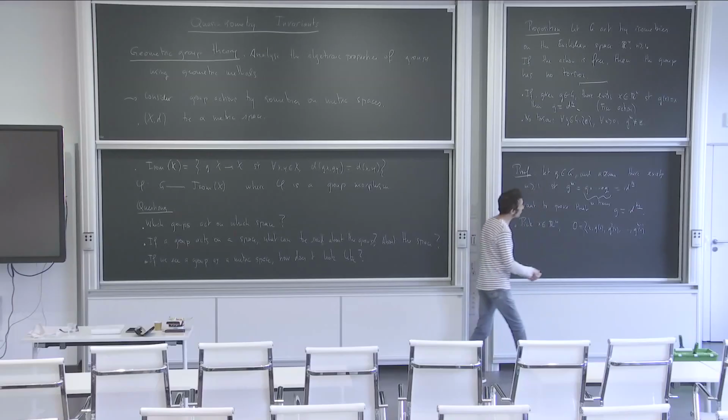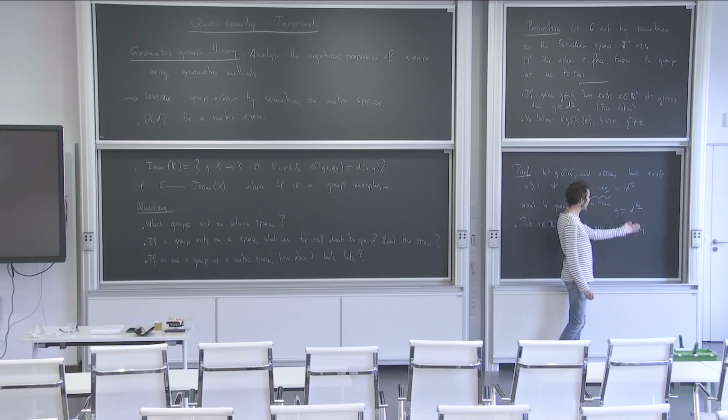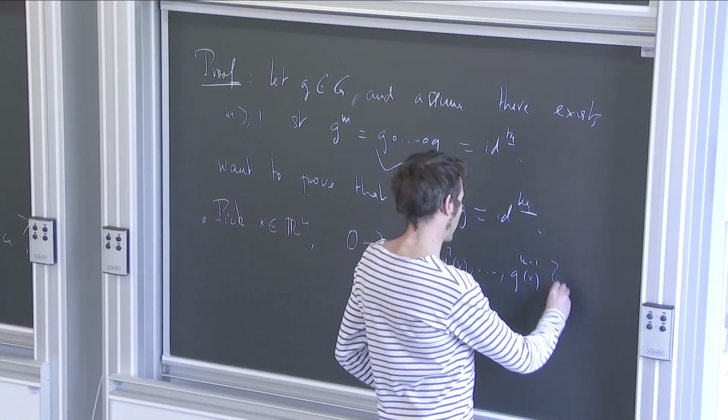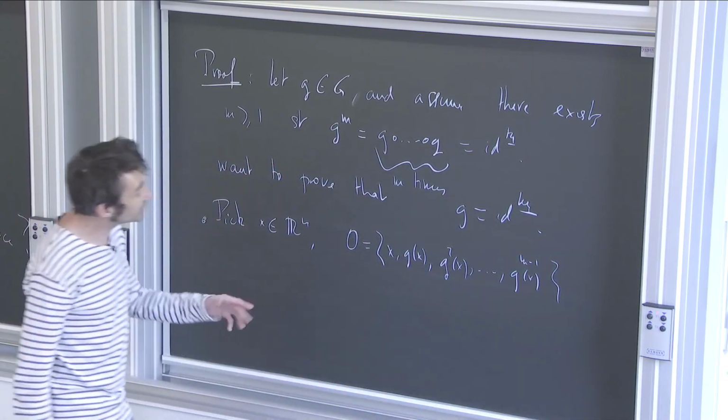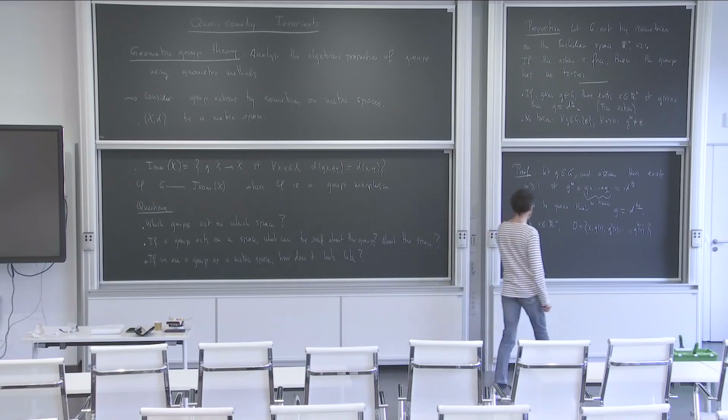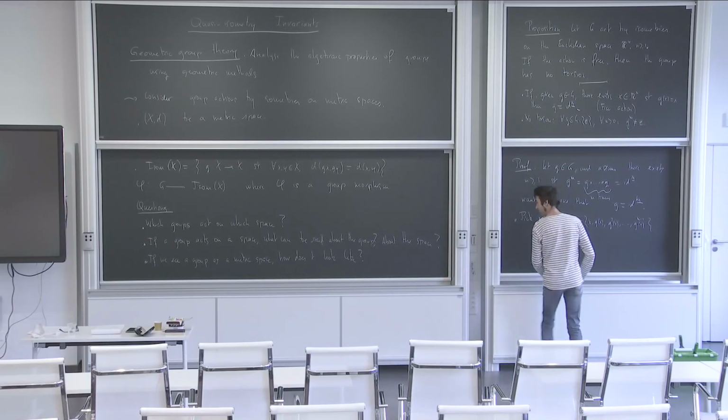And then if I iterate once more, since the map is the identity, I go back to x. And so the sequence of iterates of g applied to x is a finite set. Okay? So what's the picture?